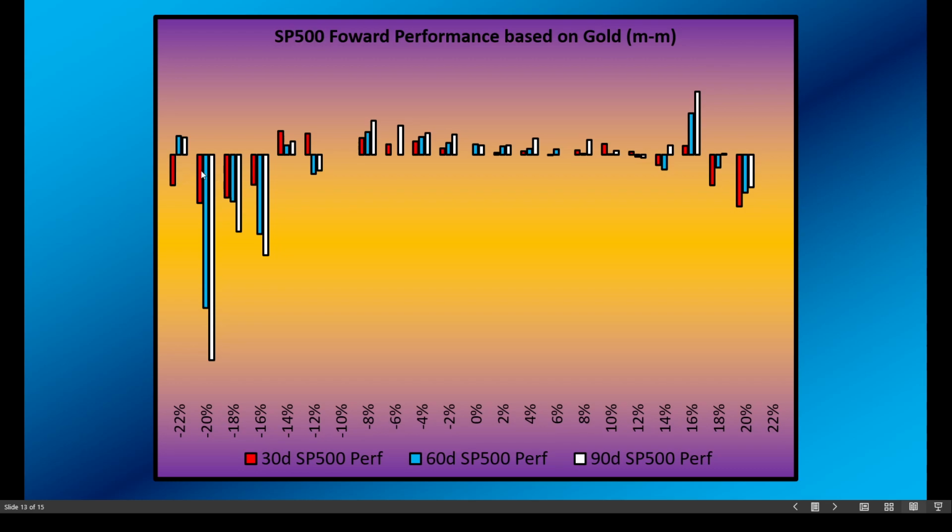Conversely, we see very weak stock market performance when gold is down a lot. So if gold is down moderately, that's one thing. That is indicative of probably stronger markets in the future. But if gold really goes down a lot, that much, much stronger dollar probably dissuades capital investment. Maybe the dollar gets too strong for our taste.